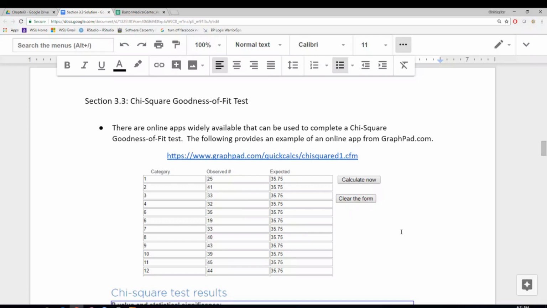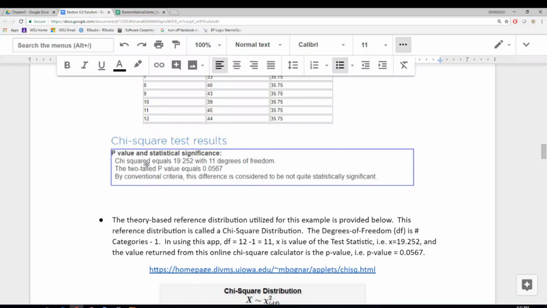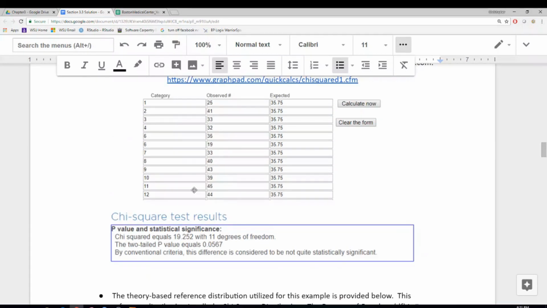Finally, there are online apps that are widely available that can do this test, so you don't have to use a spreadsheet. I just happened to grab one here from graphpad.com. All I need to do is enter in my observed quantities and also my expected quantities, and hit the Calculate Now button. It'll go ahead and compute the following quantities for you. The chi-square value, 19.25. So again, that's the test statistic value.